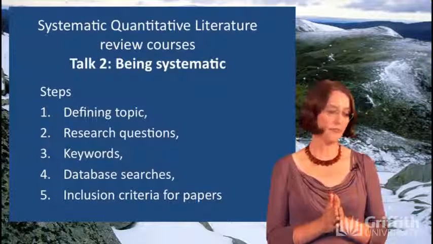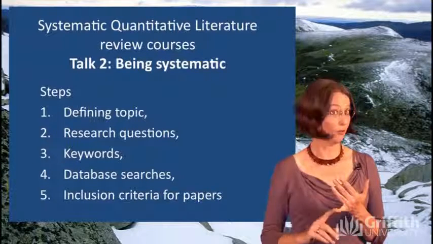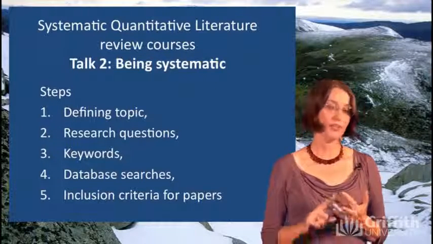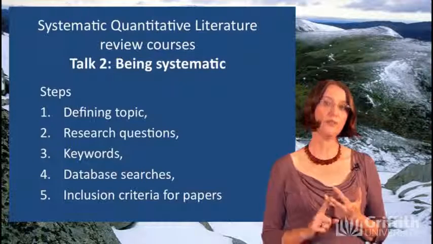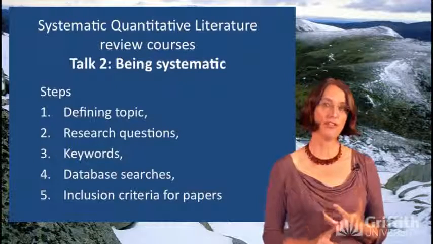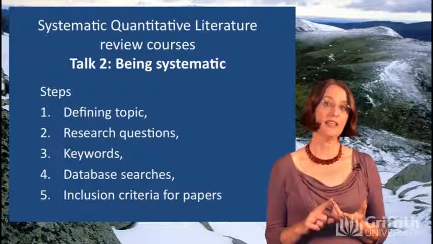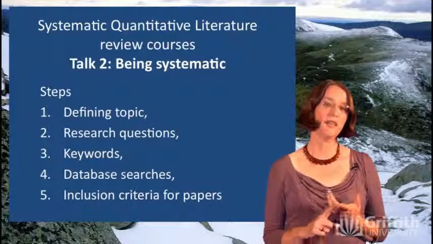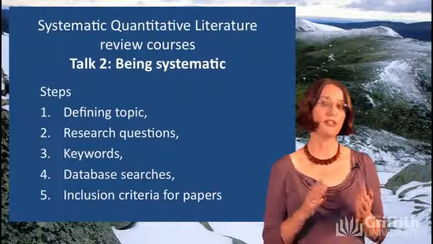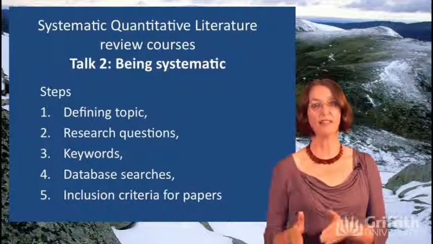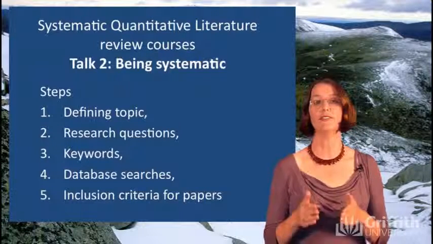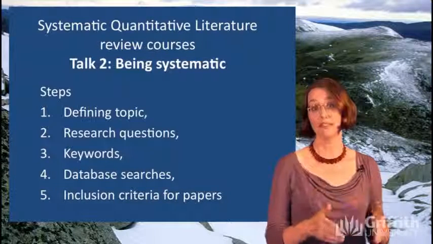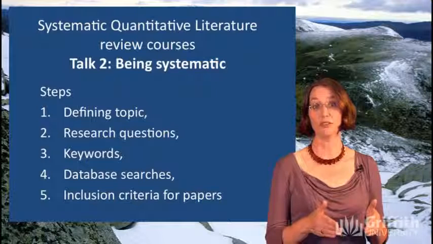So as you can see, it's defining the topic, always critically important, working out your research questions, working out from those research questions what keywords you're going to use to search for the actual literature, then what database searches you do and how you go about doing that, and then what criteria you're going to use to include papers into the literature review, particularly if you're using a meta-analysis or one of the quantitative lit review methods that we're talking about.